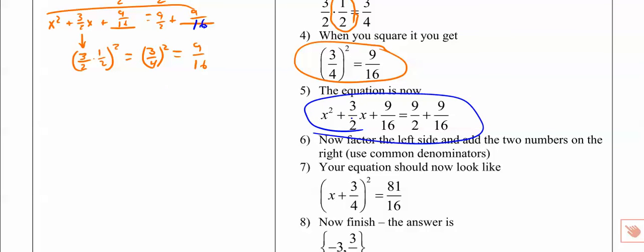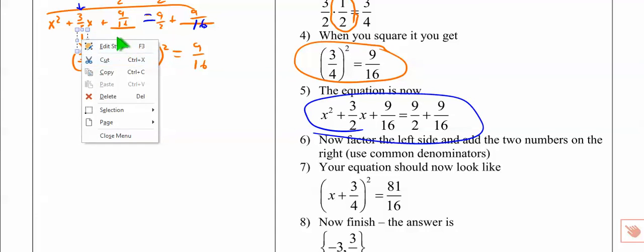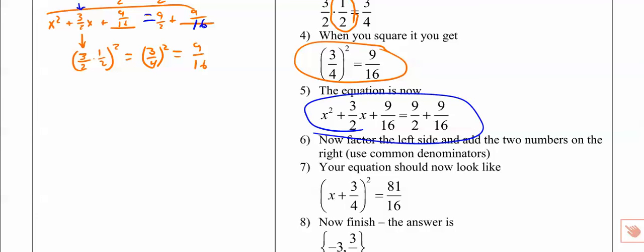All right. x squared plus 3 halves x plus 9/16 equals 9 halves plus 9/16. All we did is we took half of this number right there and squared it. Put it to both sides. Notice this didn't change at all. Not at all. All right, now we factor.